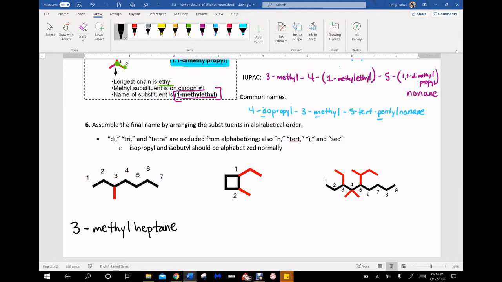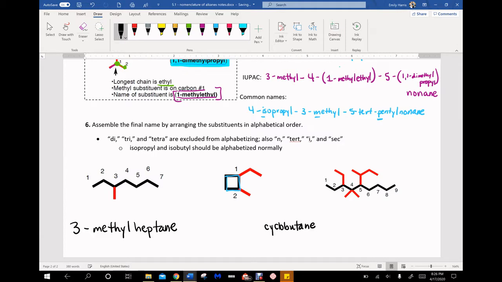All right. Then next we have a ring. It's 4 carbons long, which is longer than either of the chains, so the ring is going to take priority. That will be our suffix, cyclobutane. Butane is for 4.